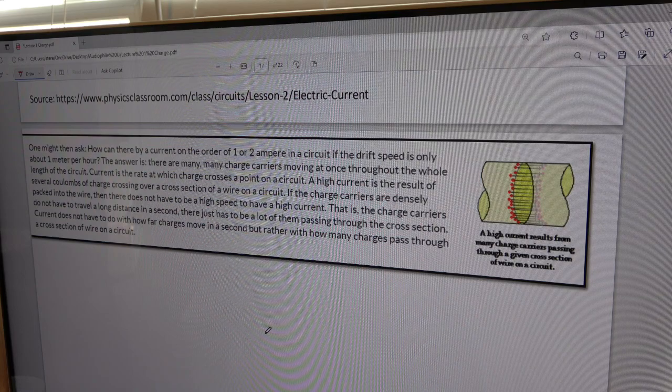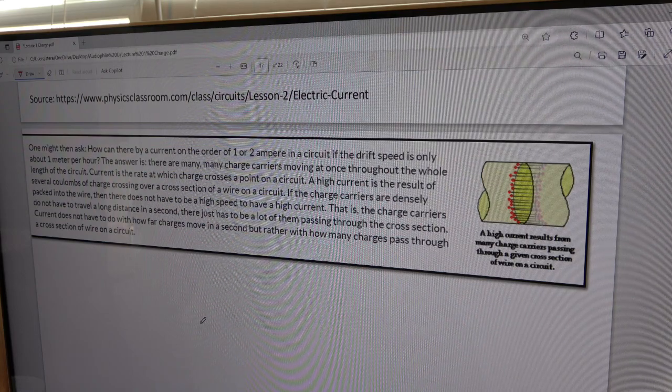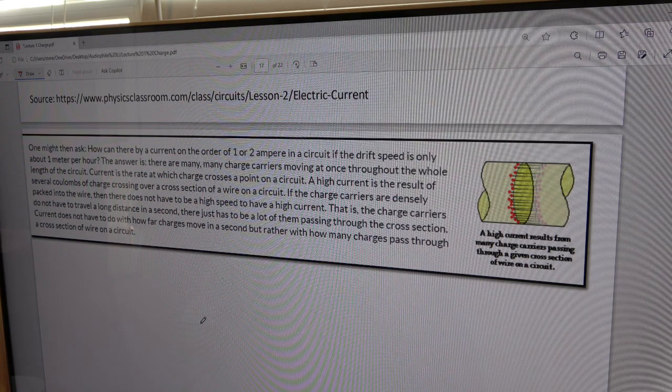Now, if the electrons are so doggone slow, how can you have a high current? How can you have a high current? Well, a high current means a lot of coulombs of charge passing through a cross section at a given time. Well, here's the kicker.